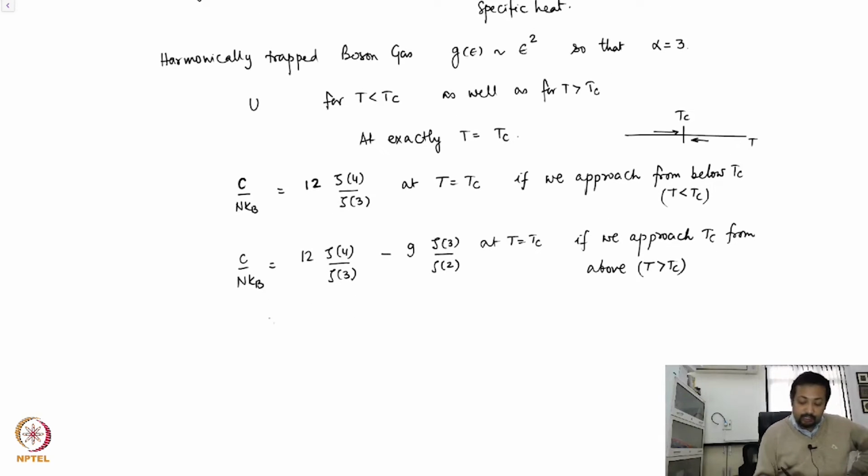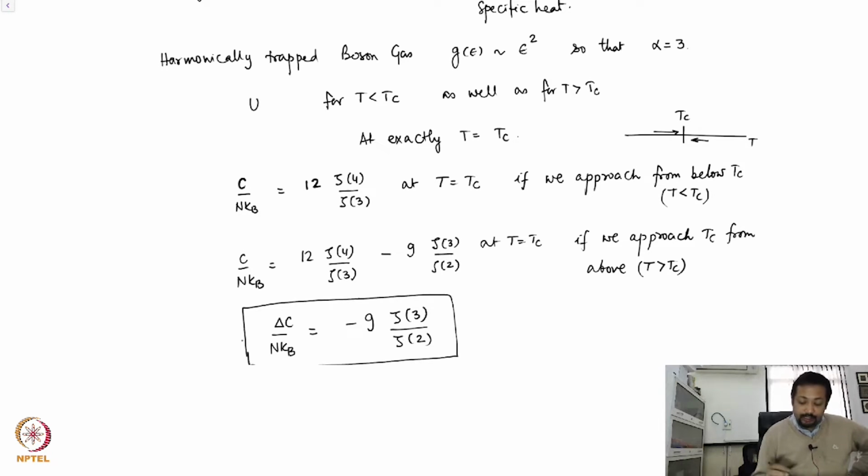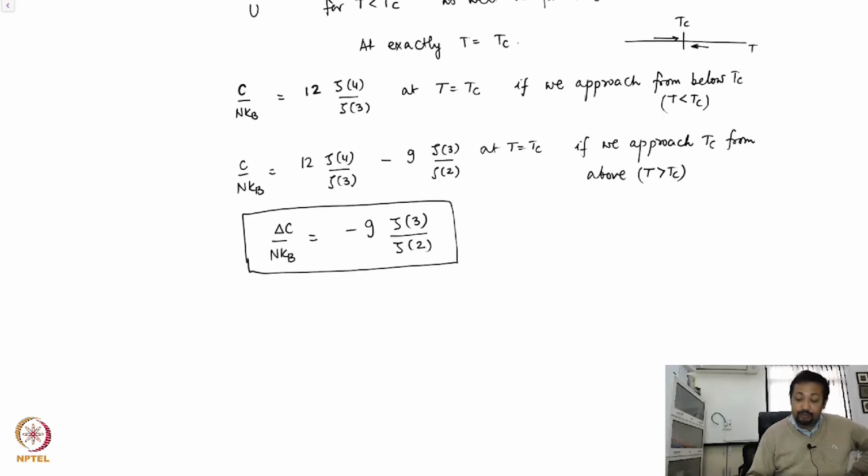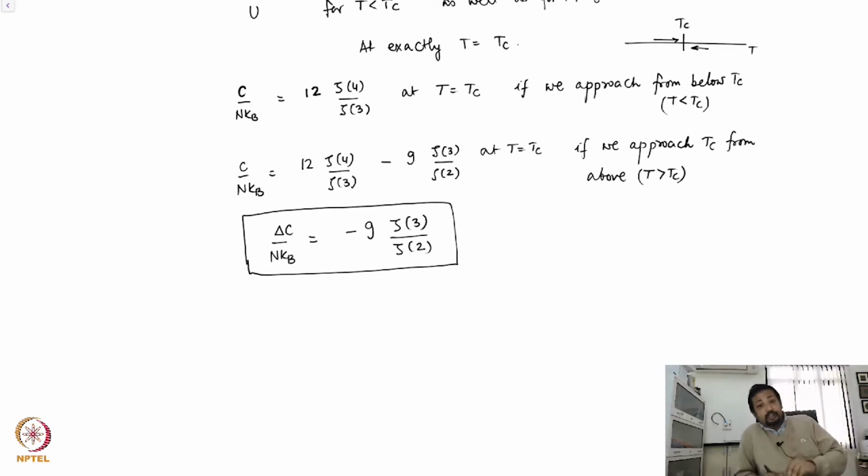And consequently, there is a difference in specific heat which is minus 9 zeta of 3 divided by zeta of 2 in this case. Now the question is, we want to figure out what exactly this discontinuity, this difference in amount, is going to be for any general alpha.